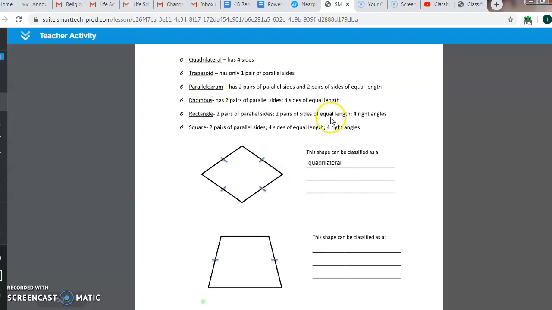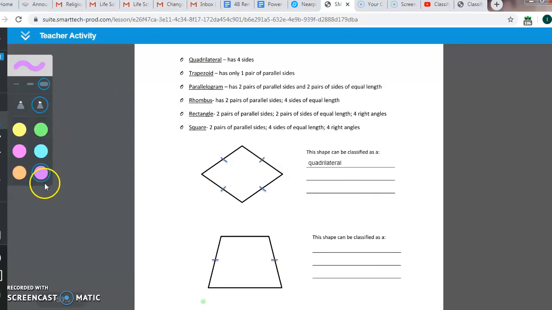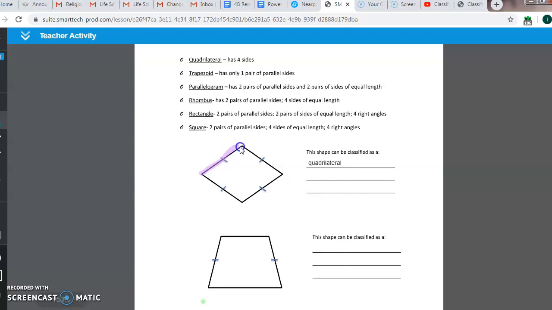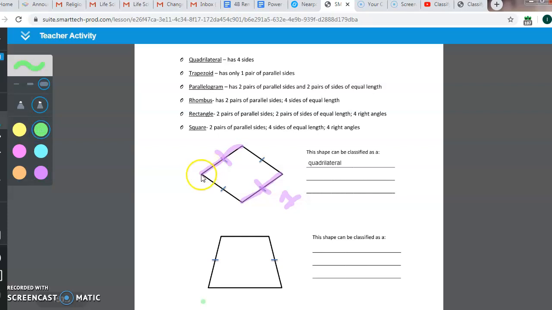Now with parallelograms, they want to know if there are 2 pairs of sides equal in length. Well, let's take a highlighter here. Okay, so let's use purple. This top left side has 1 tick, and across from it, this bottom right side has 1 tick. Because they each have 1 tick, that could be considered 1 pair. Let's pick out a different color.